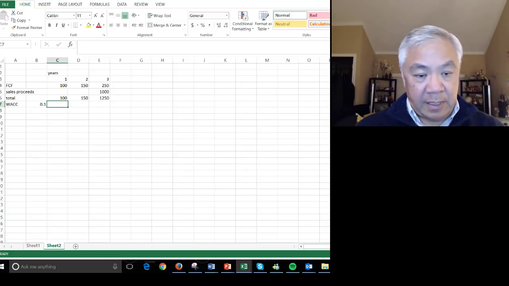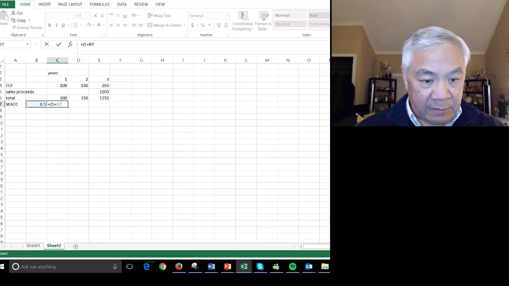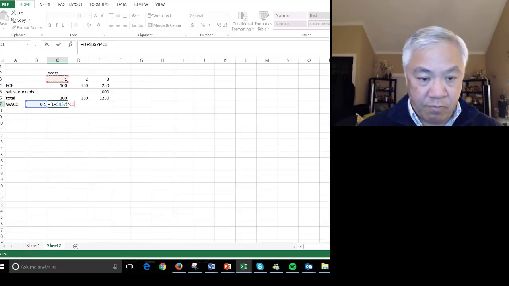Now the factor, again, is plus, open parens, 1 plus the WACC. Let's lock that down with an F4. Close parens, caret is the power to the power of, and power of 1 for year 1.